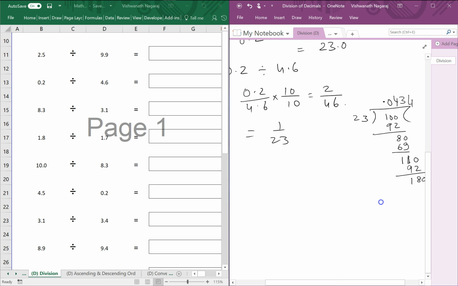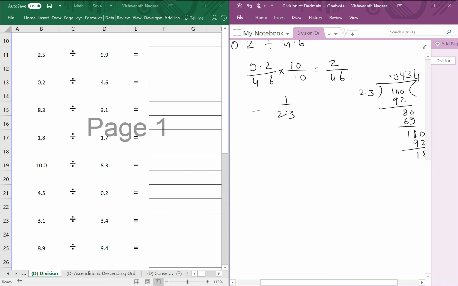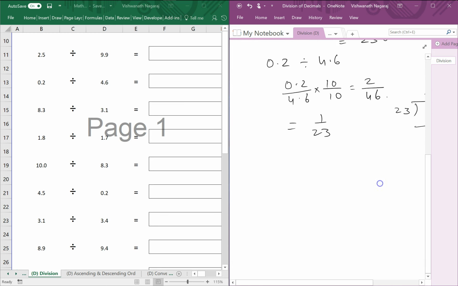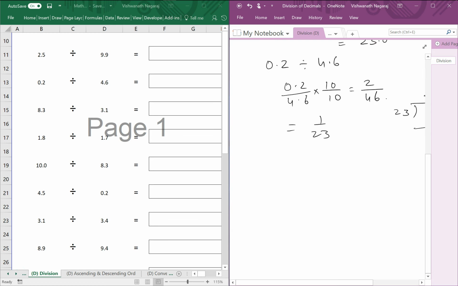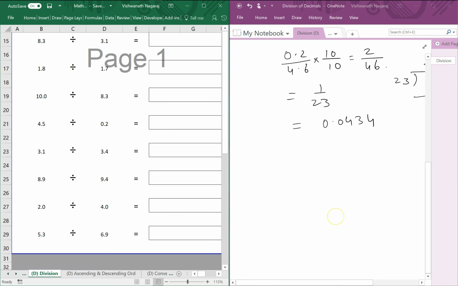Okay, like that you can keep going a little bit further, or the question would have specified, or your teacher would have told you that you have to give the answer up to 3 decimal places or up to 4 decimal places. So you have to remember that and stop accordingly. So the 1 by 23 becomes 0.0434.